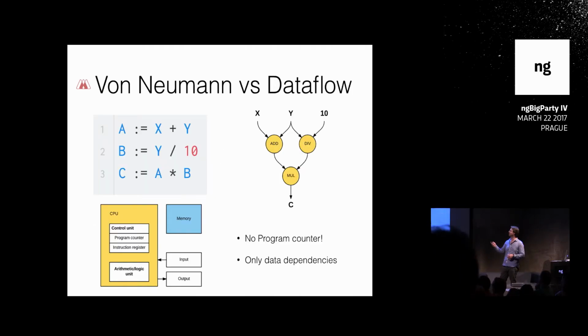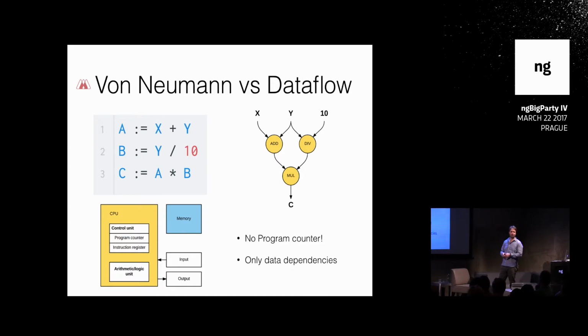Now, here we have some examples. So the classical von Neumann method of implementing software versus Dataflow. Sometimes the von Neumann is called a control flow versus Dataflow. Right, so here we have an example.